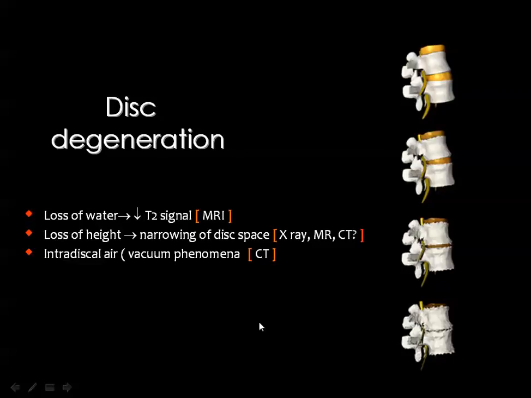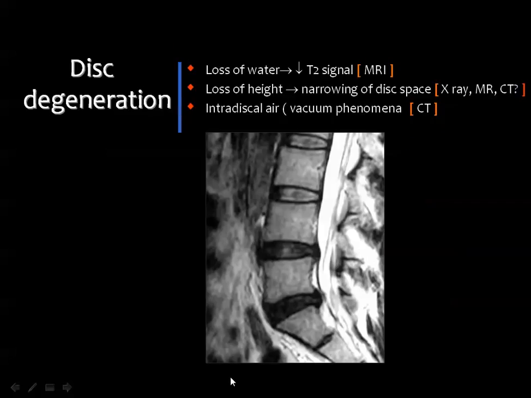After that, there is degeneration of the nucleus with the development of intradiscal air, which is known as vacuum phenomenon. And this vacuum phenomenon can be seen also by X-ray, by CT, and by MRI.